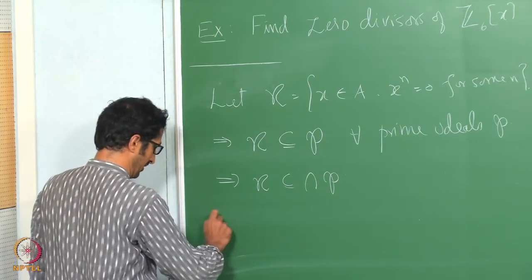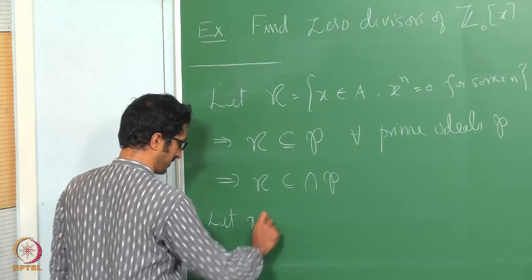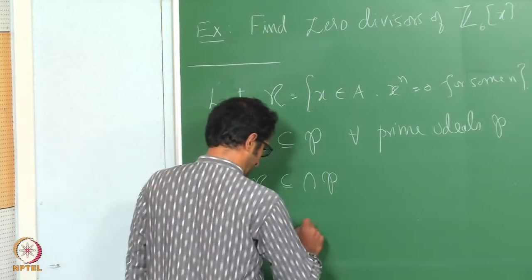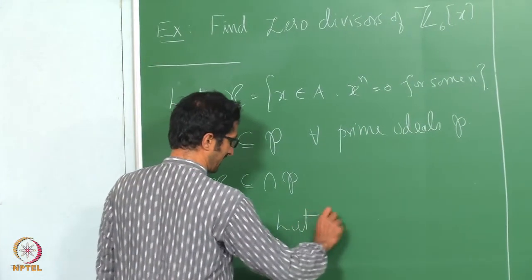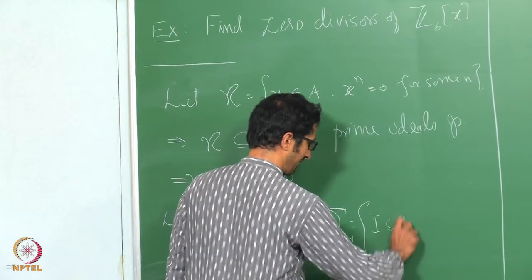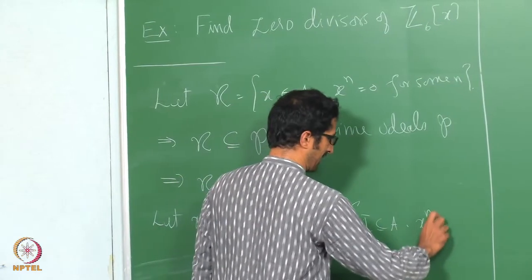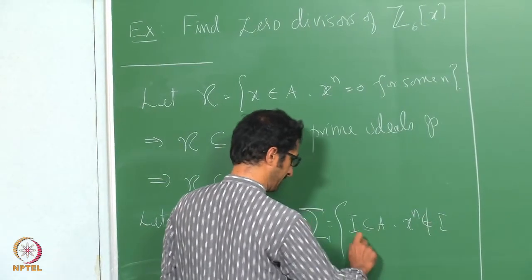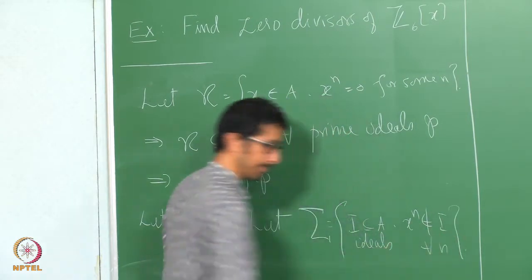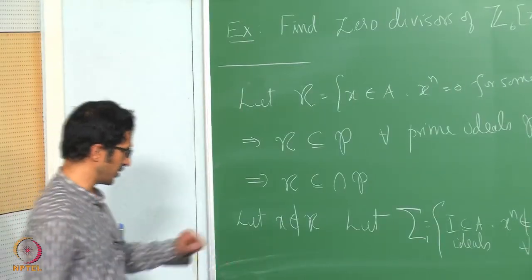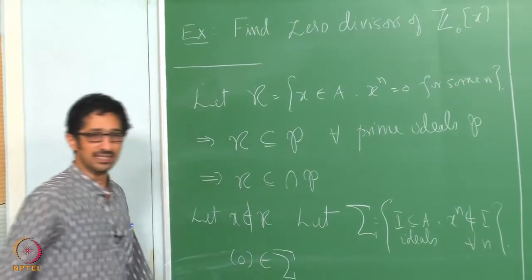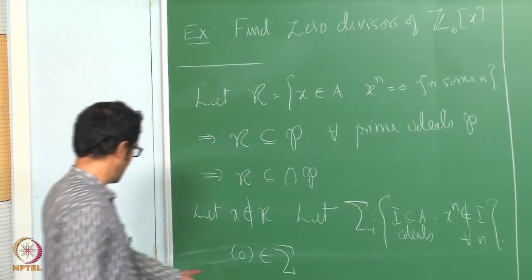So we started by looking at an element x which is not nilpotent. Then we looked at the collection sigma of all ideals I such that x to the power n is not in I for all n. This collection is non-empty because the ideal 0 belongs to sigma.